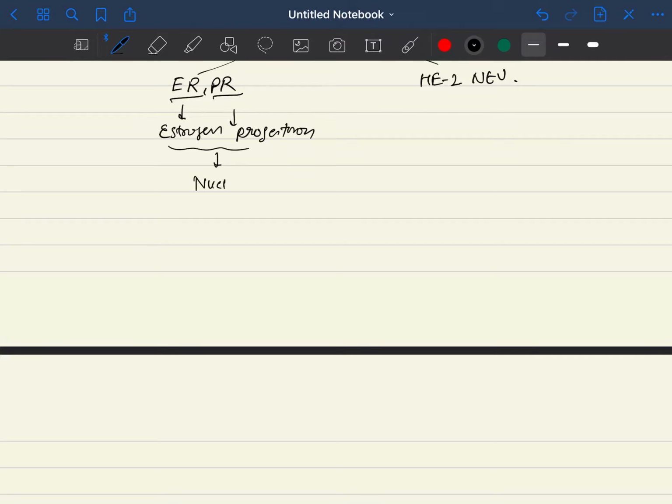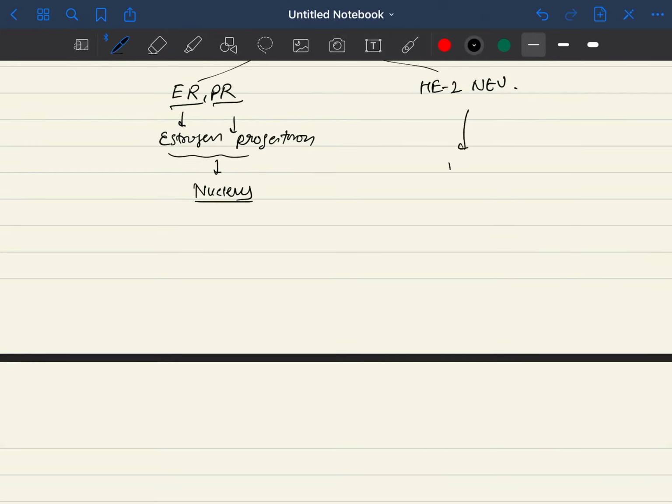They are found in the nucleus, and HER2/neu is present in the membrane. So when we do immunohistochemistry, we see a cell, this is the nucleus. If the staining, methylene blue staining, is mostly inside the nucleus, these are ER/PR positive.